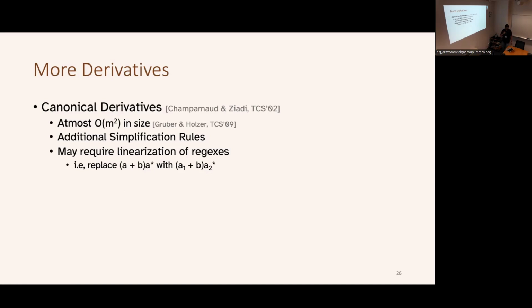And later, Gruber and Holzer proved that with certain kinds of simplifications, you can always keep these canonical derivatives at most quadratic in size.